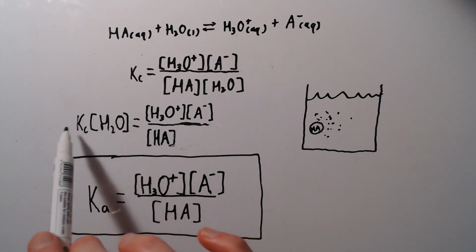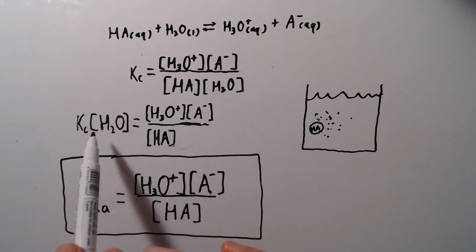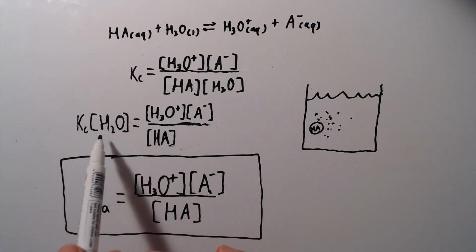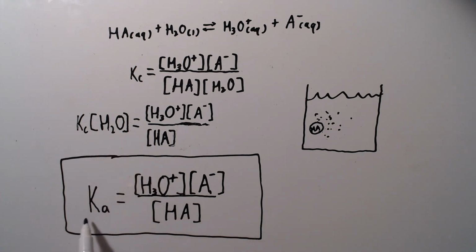But let's say at a certain temperature. And from this we'll get another constant called Ka, the acid ionization constant, which shows the concentration of the ions produced from the acid dissociation relative to the concentration of the acid left.